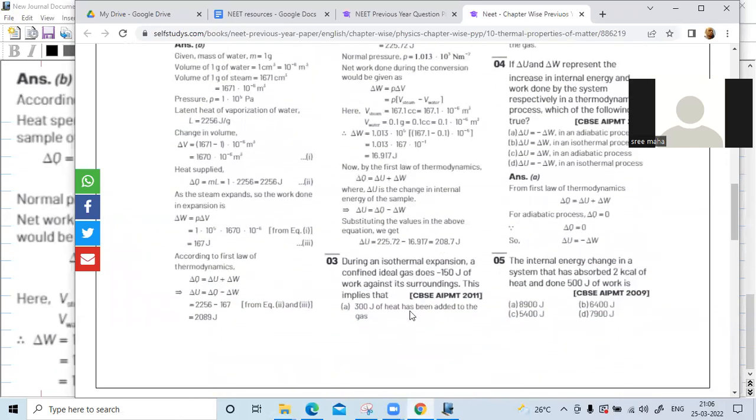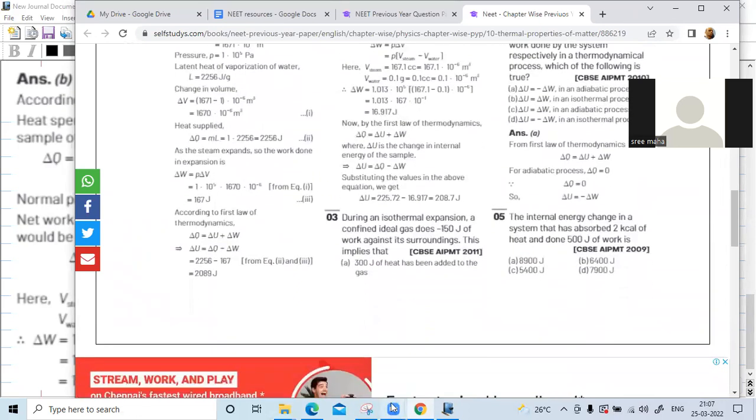During isothermal expansion. This is also a simple question.